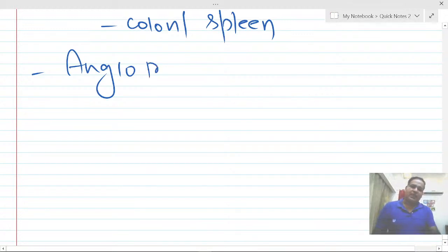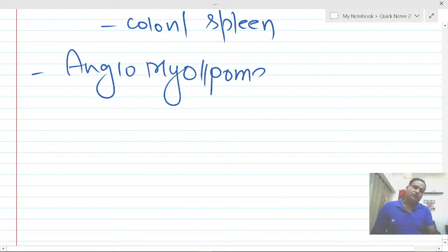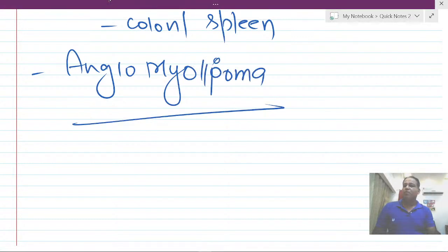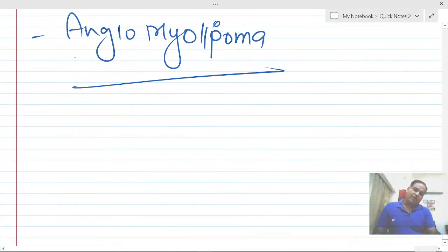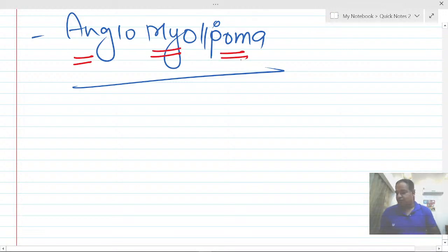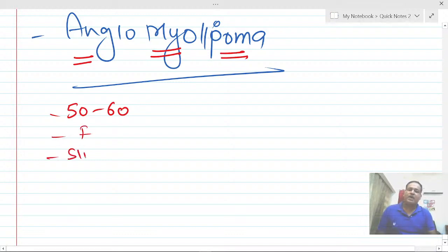Now we move to the benign tumors, and the first tumor which we are going to study is angiomyolipoma. Angiomyolipoma is slightly more common in females. It is composed of blood vessels, muscle tissue, and fat tissue. The more common age is around 50 to 60 years.